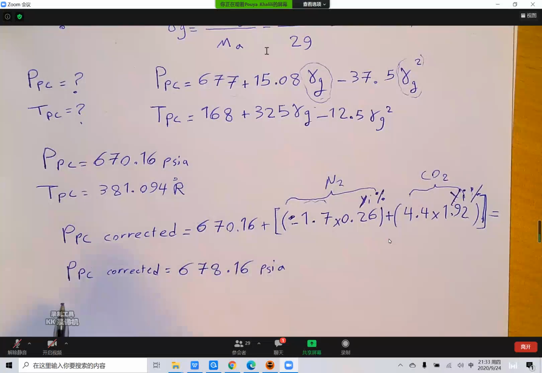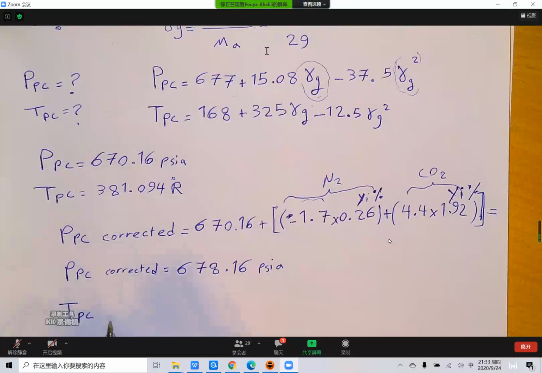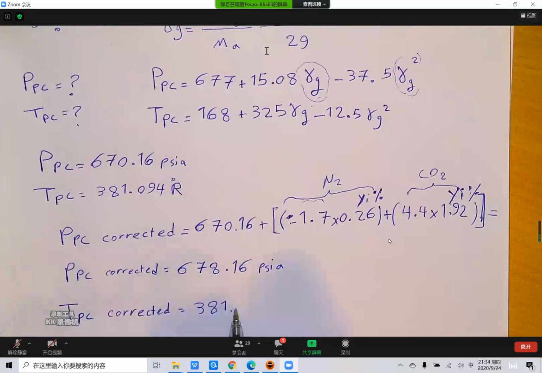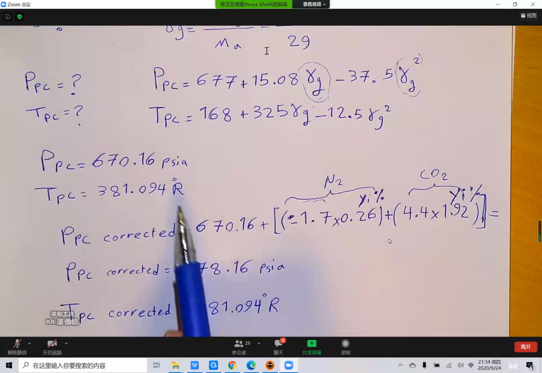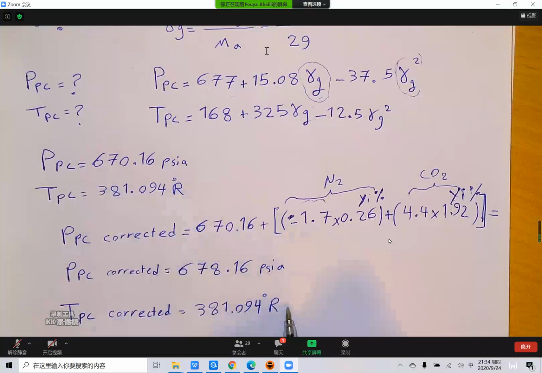Pseudo-critical temperature that is corrected, that is calculated here, plus the corrections.